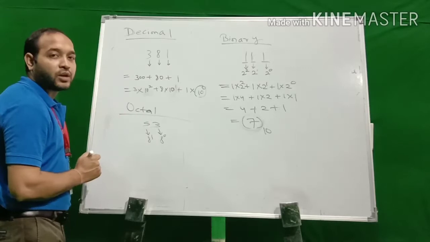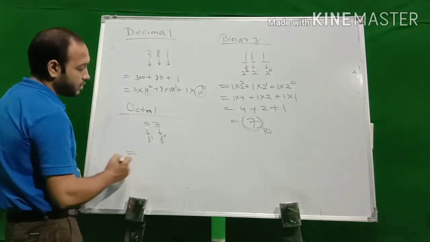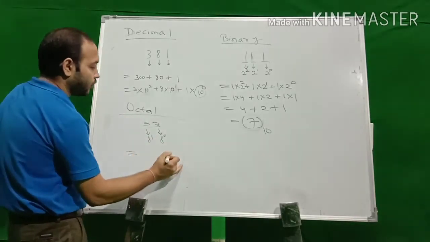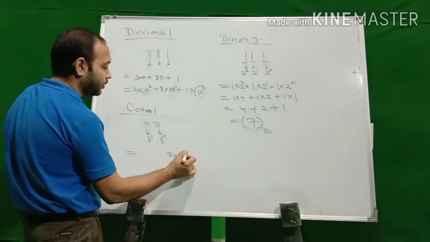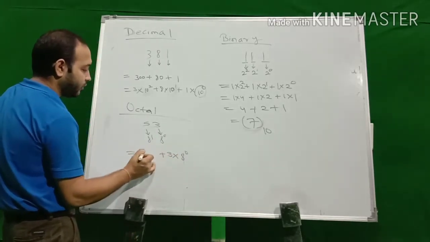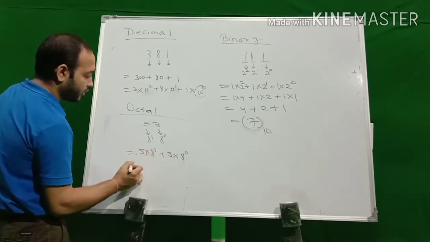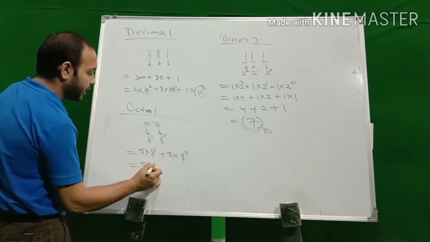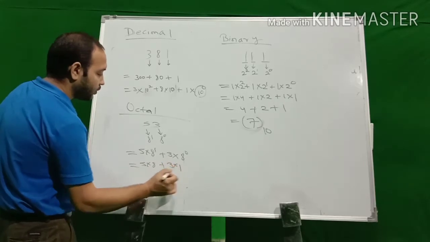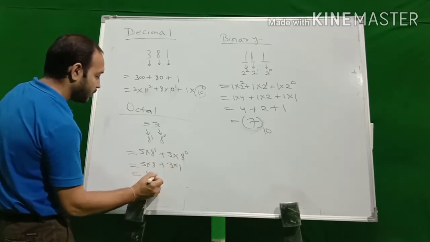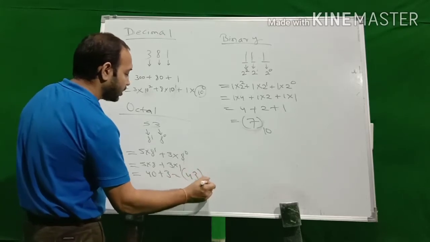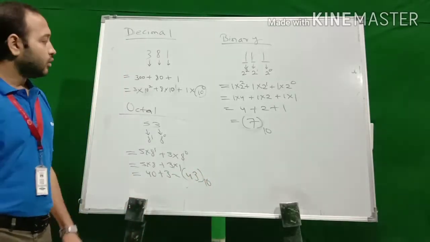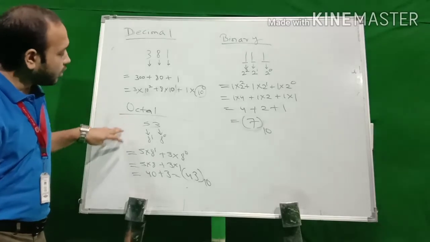Because it is octal. So if you multiply with its weight, 8 power 0, then 5, 8 power 1. So 5 into 8, 3 into 1, so it will be 40 plus 3, 43. Now it is in decimal. So now this was octal.